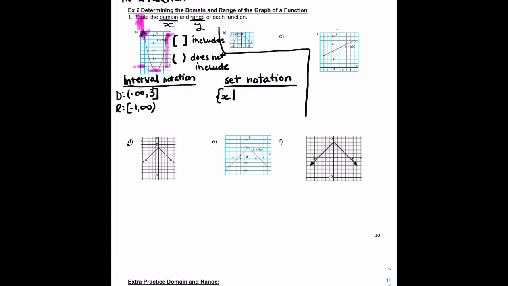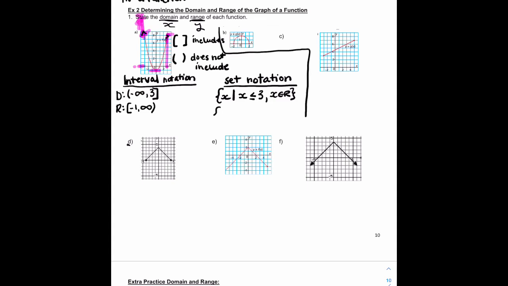Now I need to look at my graph, or I can look at my interval notation, and state what our x values are. My x value, if I go back to my graph, has to be smaller than 3. So I would say x has to be less than or equal to 3, because it can equal 3. And x is an element of the real numbers, x ∈ R, and then I do a curly bracket.